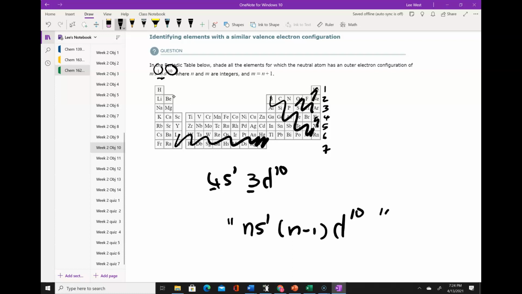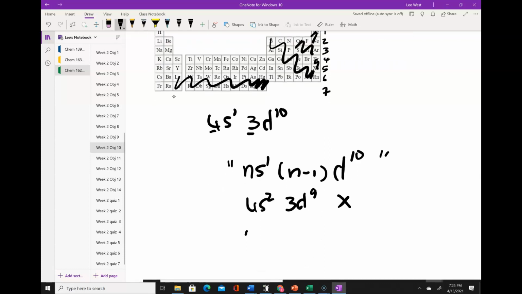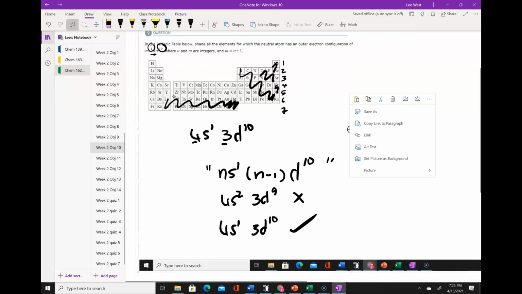Instead of it being what you would predict for copper, 4s2 3d9, which is actually incorrect, it is actually 4s1 3d10. That is correct. And the elements that do that are these ones in the copper group: copper, silver, and gold.